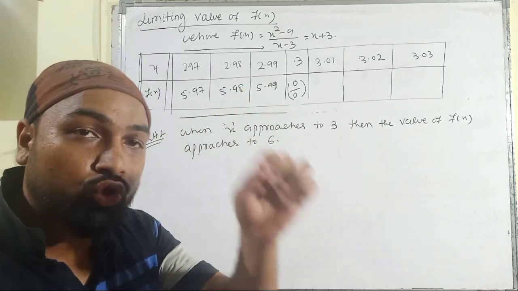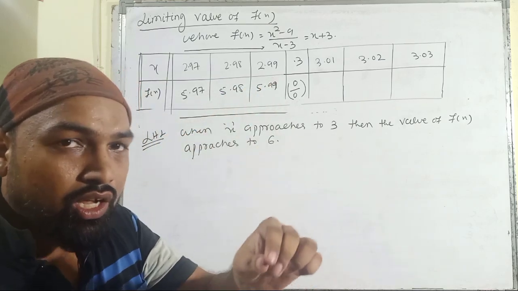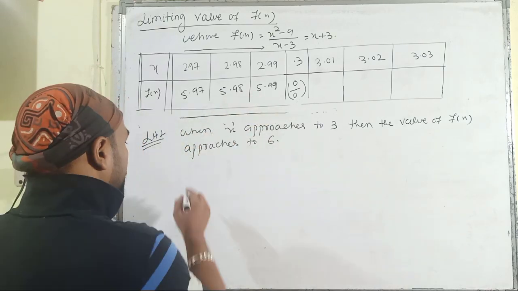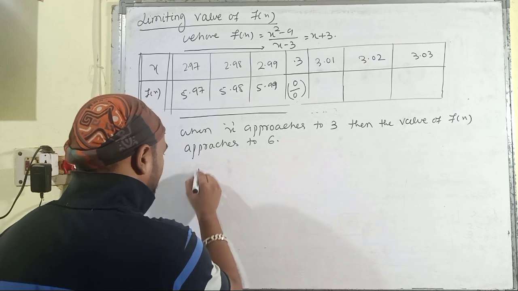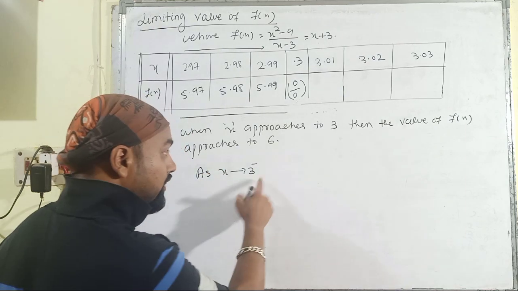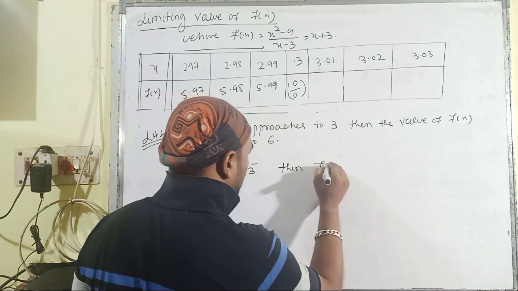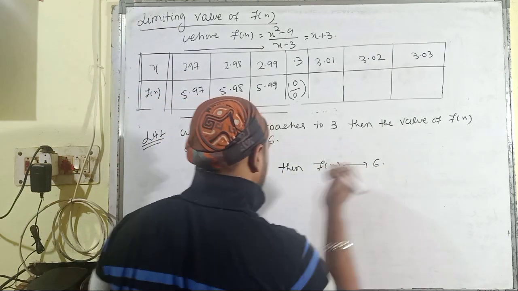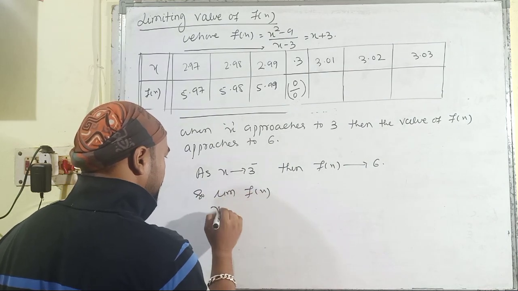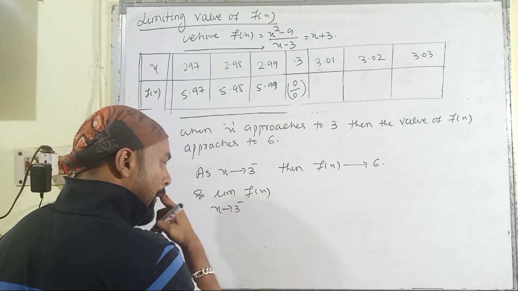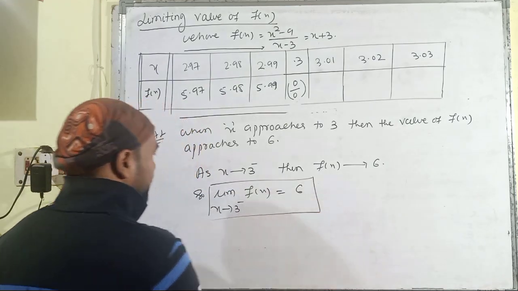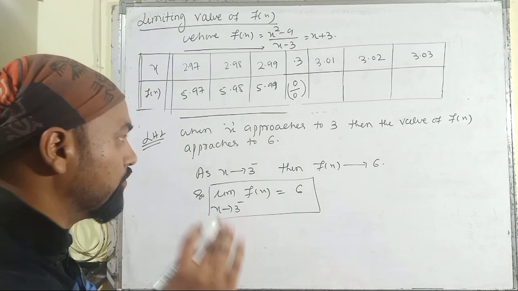That means it approaches the integer. You have to find out the integer towards which these values are approaching. So you can also write x tends to 3 minus, from the left hand side, then f of x approaches to 6. So the limiting value of f of x when x approaches 3 from the left hand side approaches towards 6, and this is the left hand limiting value.